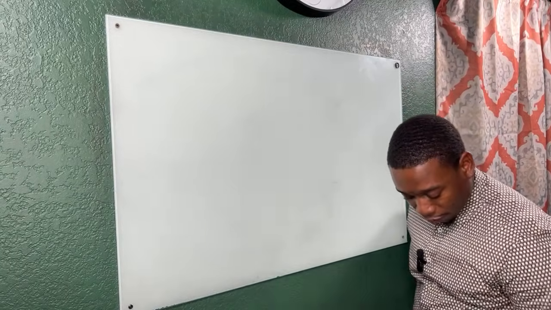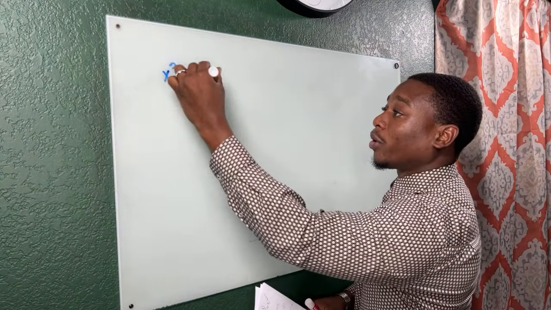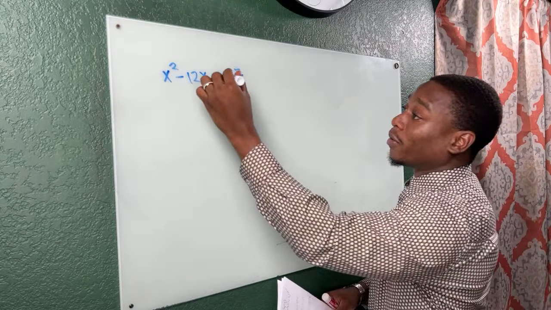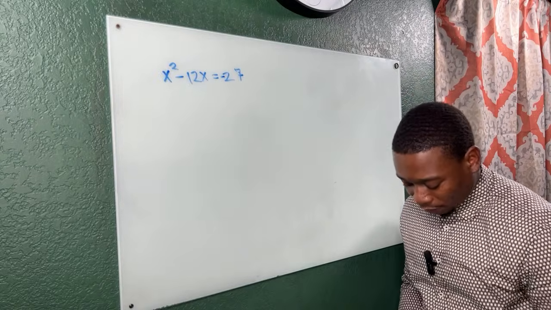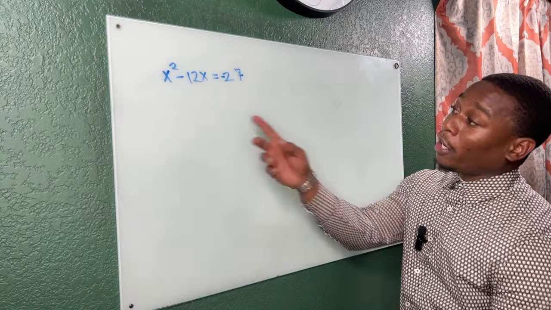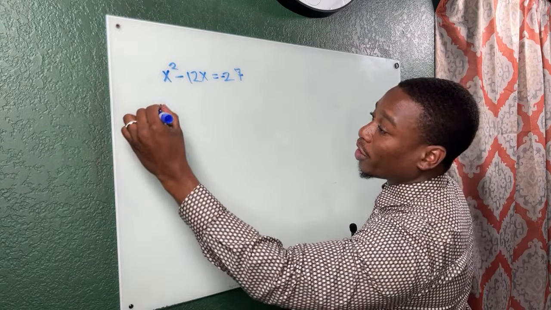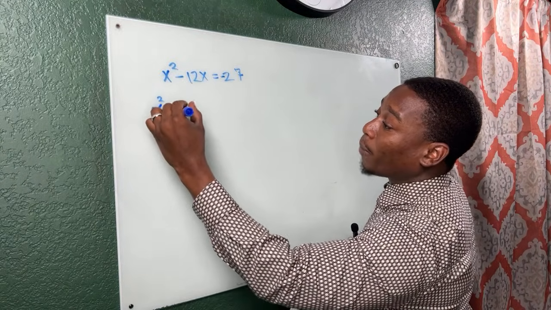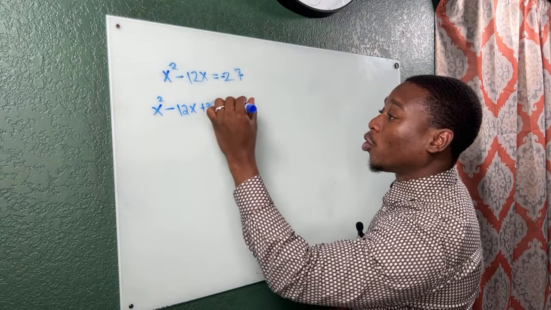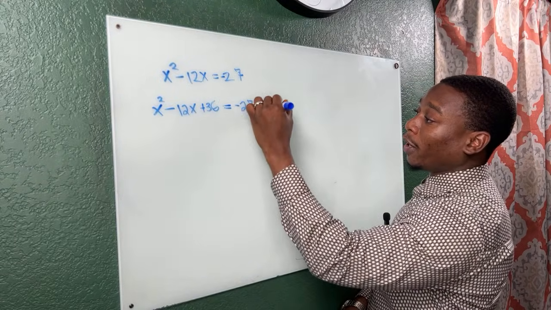All right, so let's get into some factoring. In this problem, they gave us x squared minus 12x equals negative 27. Family, with quadratics, you're going to be able to solve it 4, 5, 6 different ways. If you want to do completing the square, we can. Half of 12 is 6, 6 squared is 36. So when I write my perfect square trinomial, this is what I should have. Now this is an equation, meaning we have to balance it. If I add 36 here, I've got to add it there.